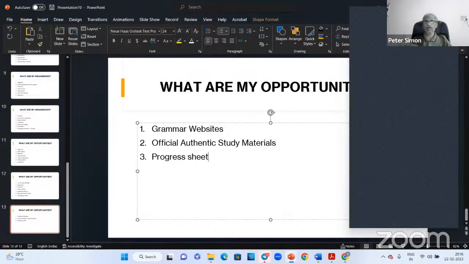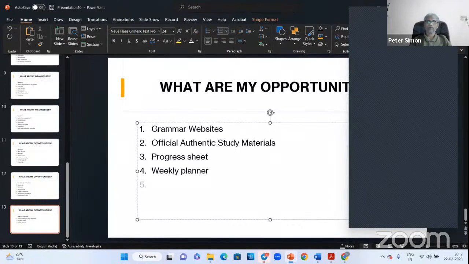Today how many marks I'm getting, tomorrow how many marks I'm getting, today how much time I'm spending, tomorrow how much time I'm going to spend. Make a plan. So a weekly planner: what time I am going to do what. You have to plan and schedule everything. Be positive about everything. So, weekly planner.